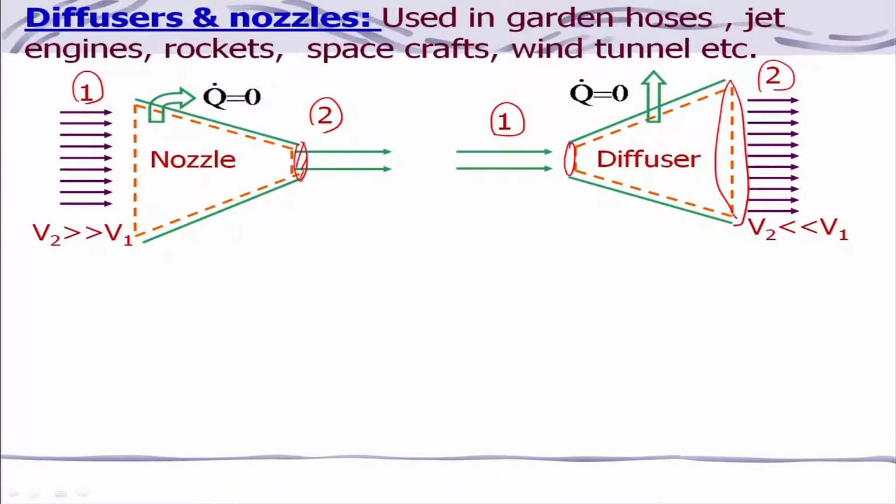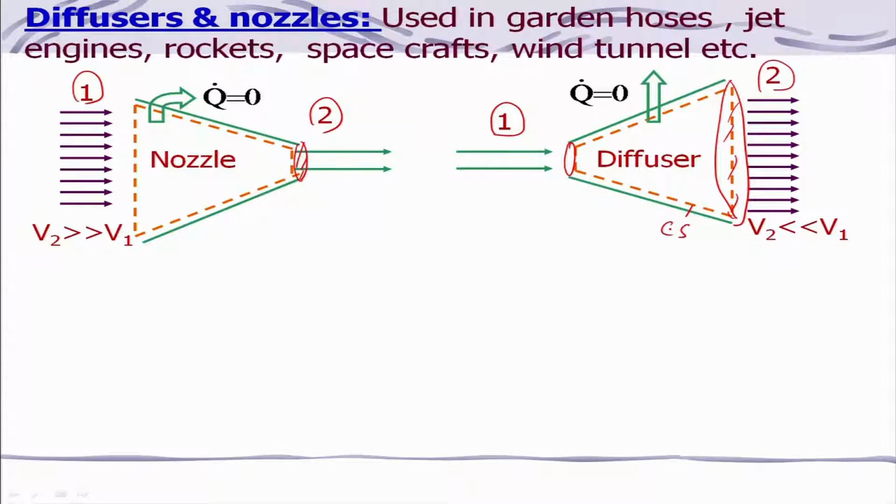This is your cross sectional area, right, and you can take this as a control volume, the dashed line, basically the control surface, right.